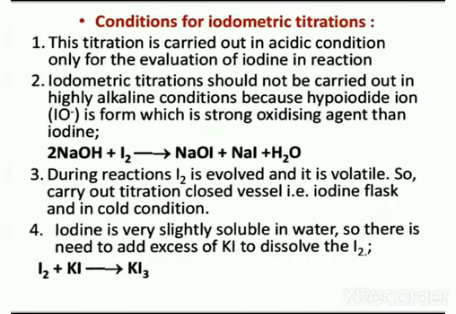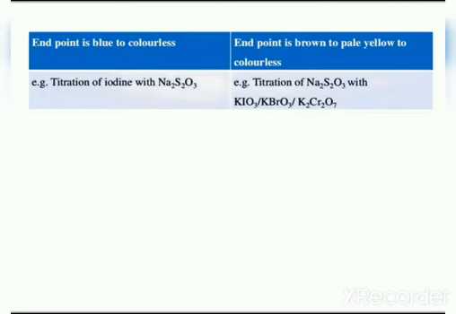To determine the endpoint, we are using starch as an indicator. Starch is used as an indicator for titrations involving iodine. Starch reacts with iodine in the presence of iodide to form a blue complex.